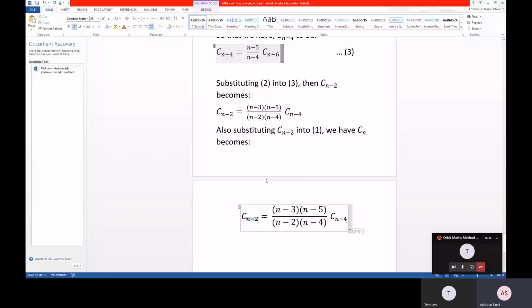Till I get to C1. This is going to continue to get to C1.